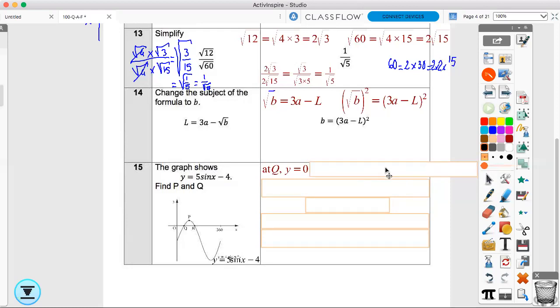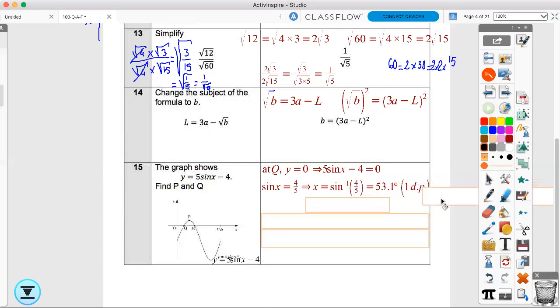Can you solve 5 sine x minus 4 equals 0? Why not? 5 sine x equals 4, or sine x equals 4 over 5. So at y equals 0, x equals inverse sine 4/5. You type that in your calculator, and that would give you 53.1 degrees, 1 decimal place.